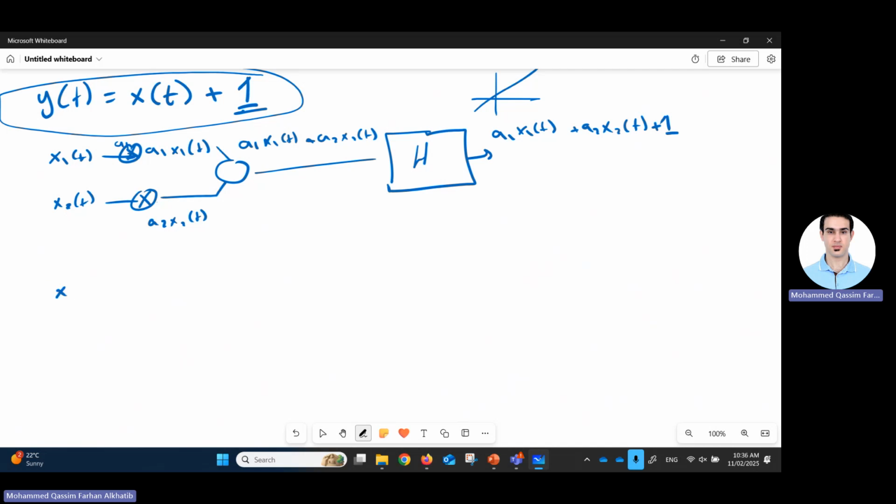Okay, so I have x1 of t applied to the system. I have then x1 of t plus 1. Then I have x2 of t, transformation by H. I have x2 of t plus 1.